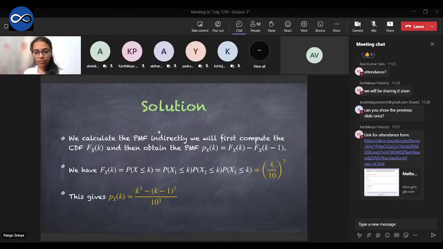The probability that X1 is less than or equal to k is k by 10, because k values can occur among 10. Similarly for the remaining 2. So it will be (k by 10) whole cube.